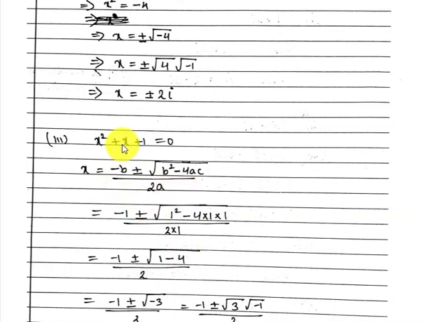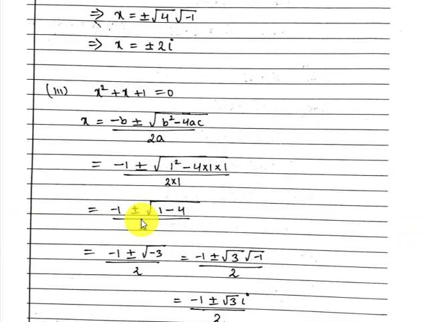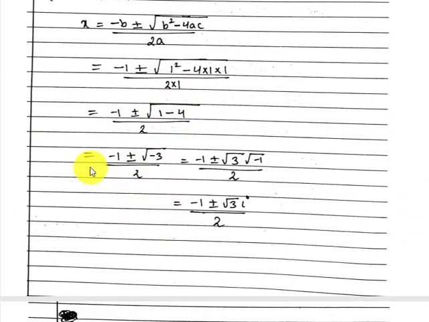Here in place of a we have 1, in place of b we have 1, in place of c also we have 1. So it becomes minus 1 plus minus square root of 1 square minus 4 into 1 into 1, upon 2 into 1. So you get minus 1 plus minus square root of 1 minus 4 upon 2. Now simplify it, so you get minus 1 plus minus square root of minus 3 upon 2.